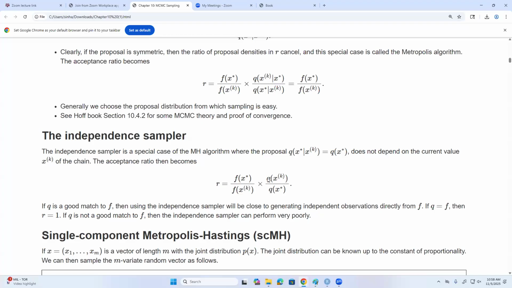But your convergence will suffer. And it's very hard to guarantee that your proposal distribution is close to the underlying target density. If it is a univariate or scalar variable, maybe you can check it. But for a multivariate scenario, like most problems, it is not easy to check whether Q is close to F.